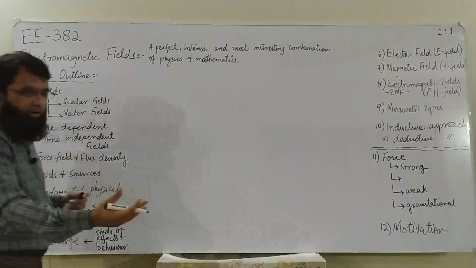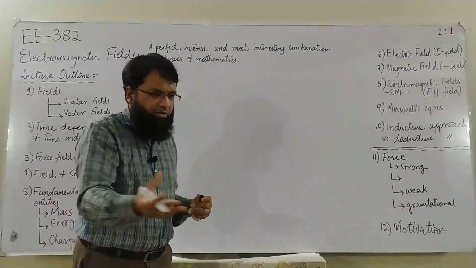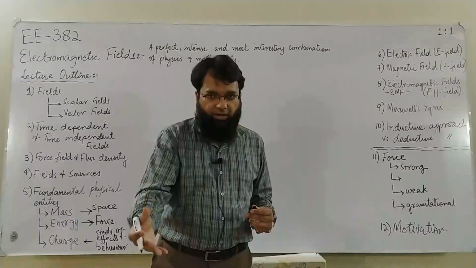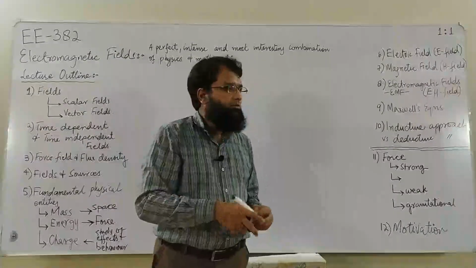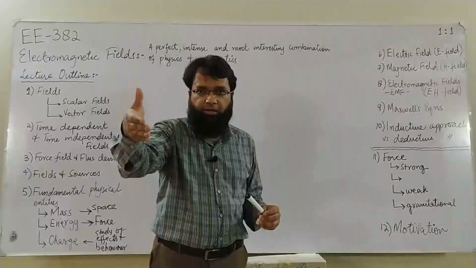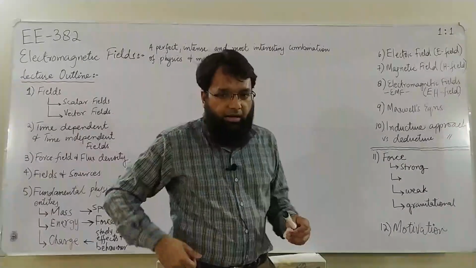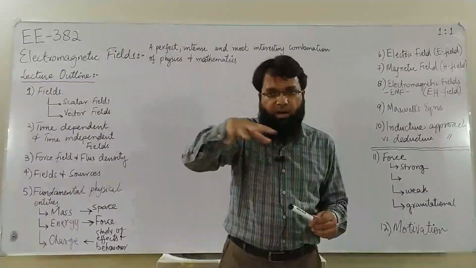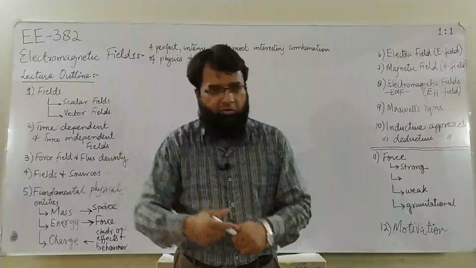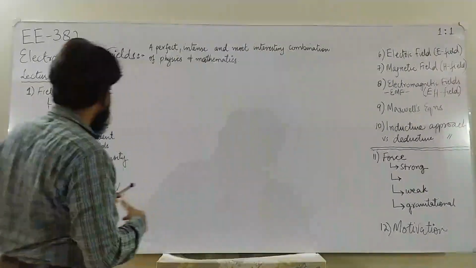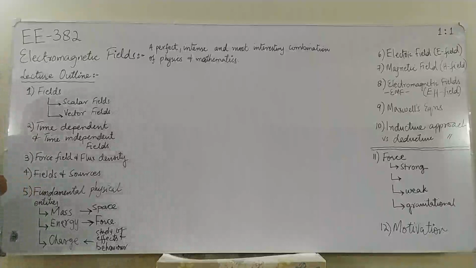Maybe football field, a bounded region in which football is played, right? And then maybe battlefield, a bounded region in which a battle is being done or is carrying along.